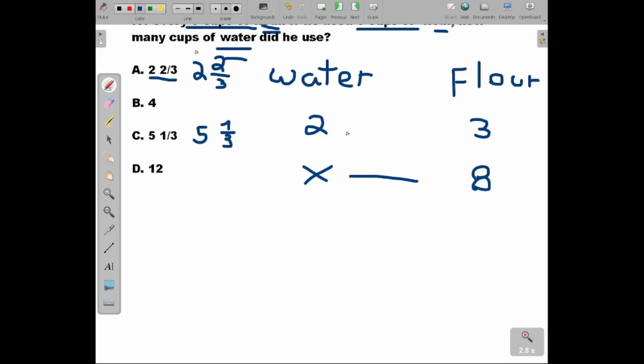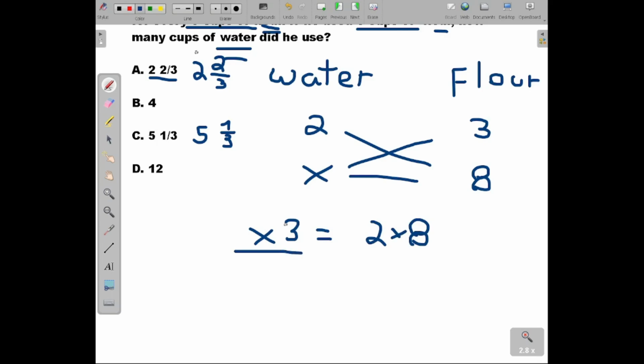Okay, now we just do the cross multiplication. X times 3 and 2 times 8. X times 3 is equal to 2 times 8. Now we divide by 3.